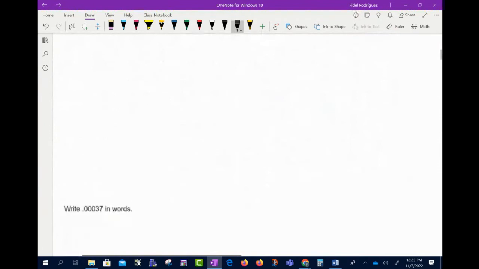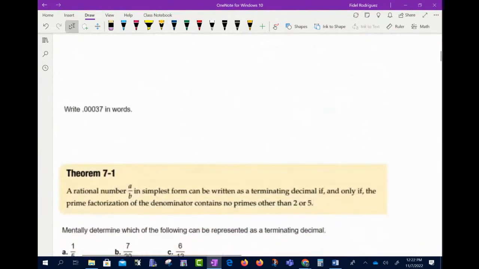Okay, so then when I look at the next problem here, and again, if I was teaching this to my students, if I had a group of fourth graders and they were to say, "Sir, how do I write 0.00037 in words?" I would say, okay, well, let's think about this for a minute. Here's my decimal point. Remember, tenths, hundredths, thousandths, ten-thousandths, hundred-thousandths.